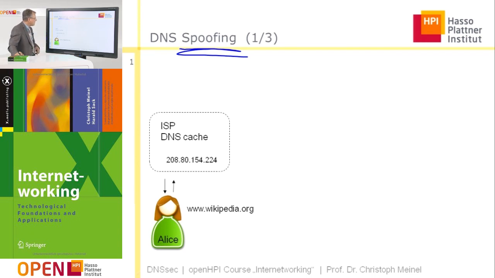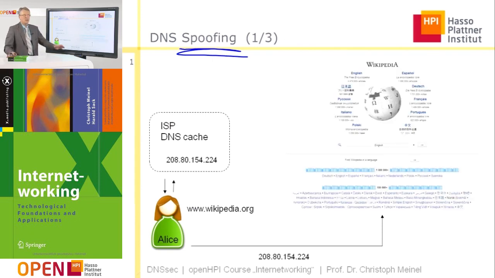There is the IP address 208.80.154.224. So now the browser of Alice can contact Wikipedia, and she sees the real Wikipedia web page, and she can start to give in something. Here are some fields, for example, to ask questions and find information.